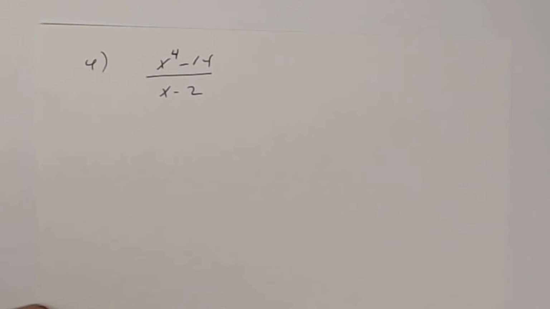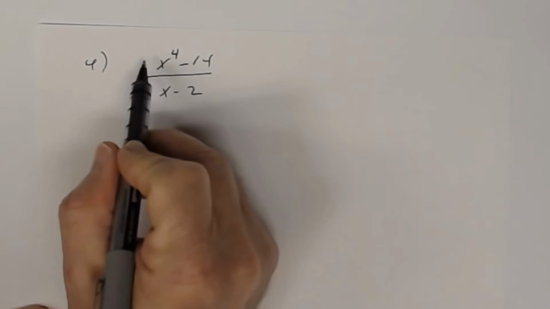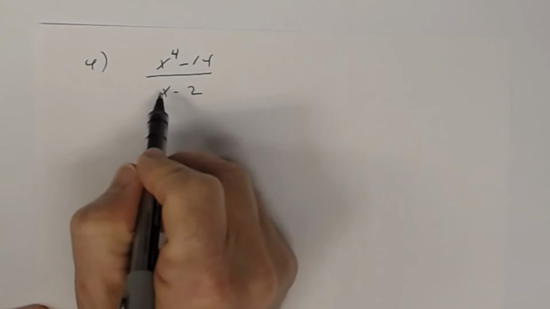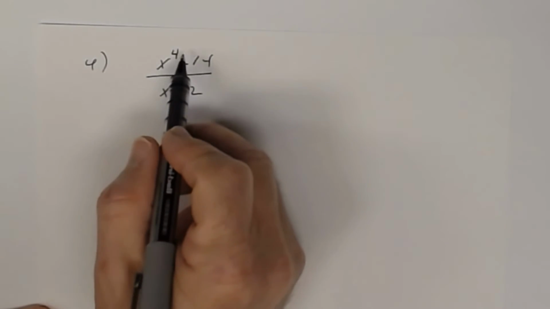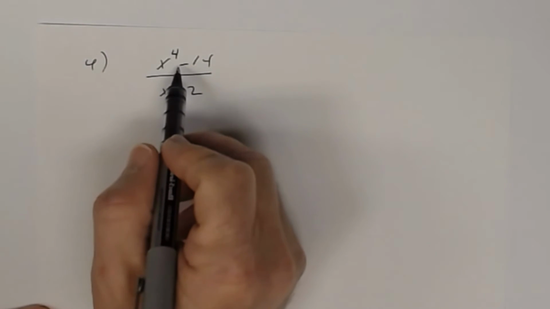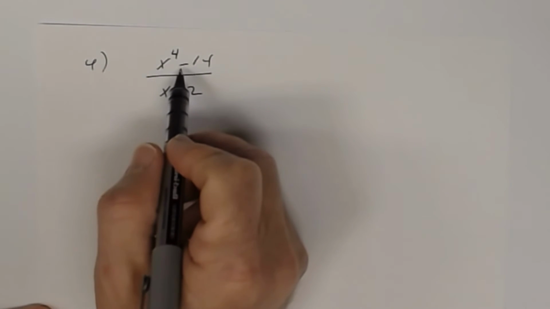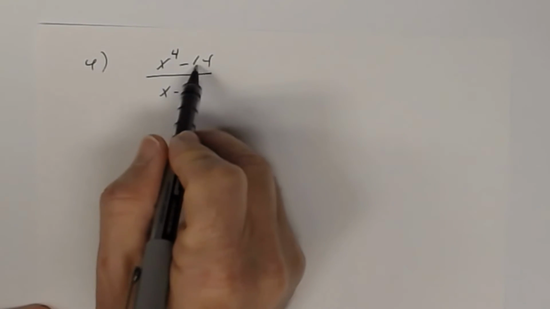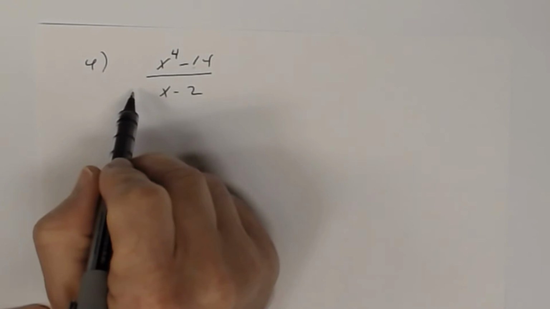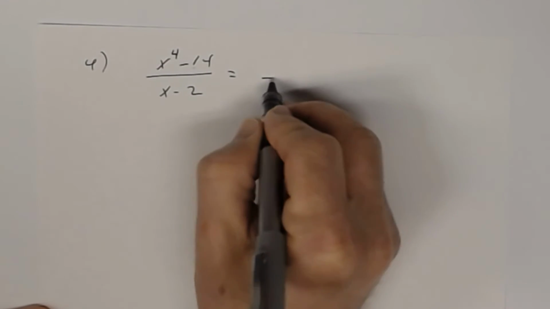So notice that remember this is your dividend, this is your divisor. Notice that in my dividend, I'm missing an x cubed, right? And I'm missing an x squared, and I'm missing an x, correct? So there's three missing terms here. So you may want to rewrite it first.